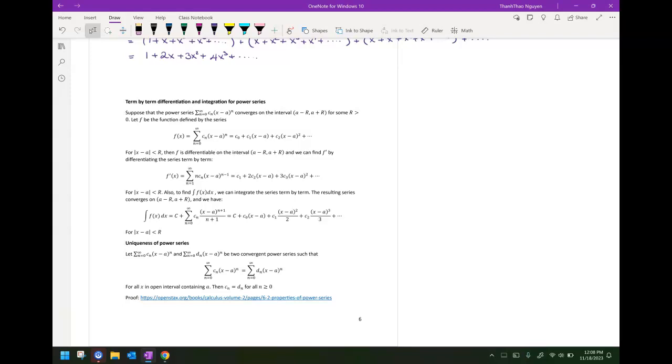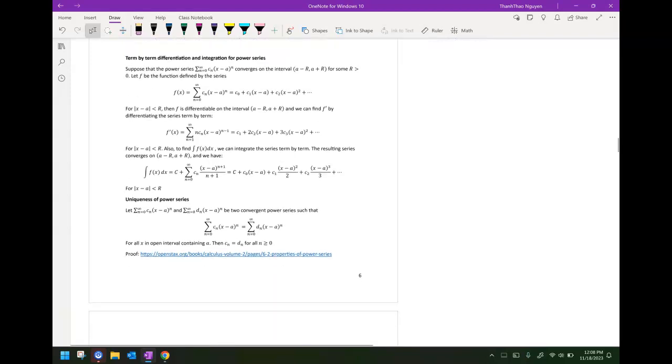Since it is a differentiable function, we can find an antiderivative by integrating the series term by term. And since we can differentiate, we can also integrate, right?